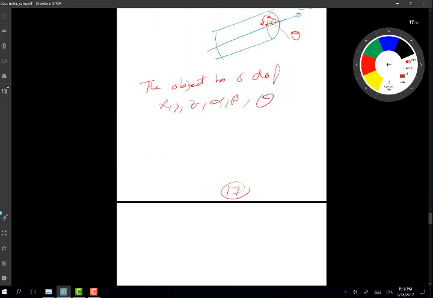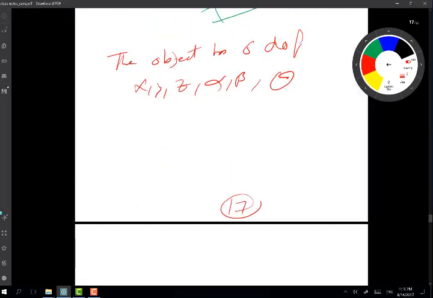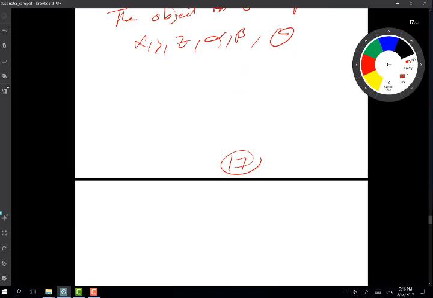Now, if I want to write my equation, how will it look? Let's write the equation together.